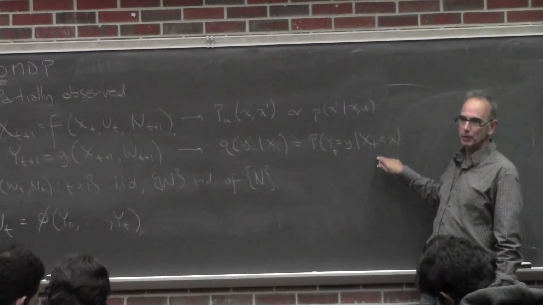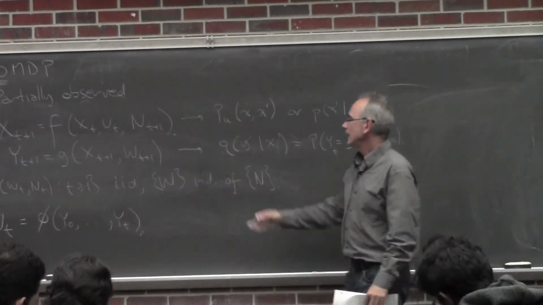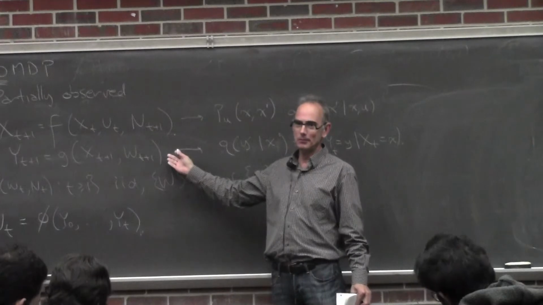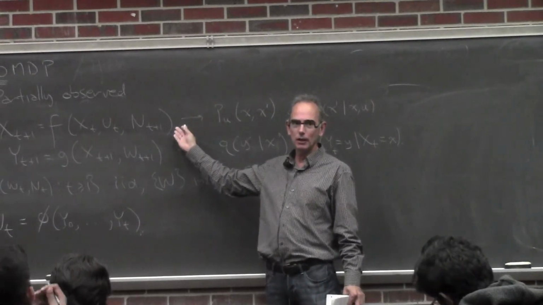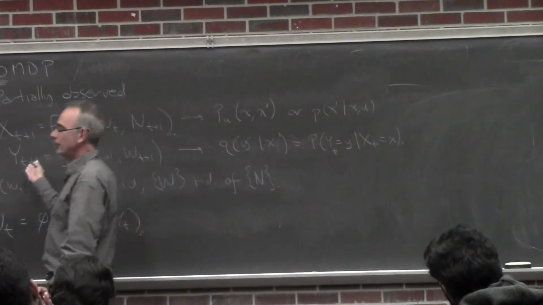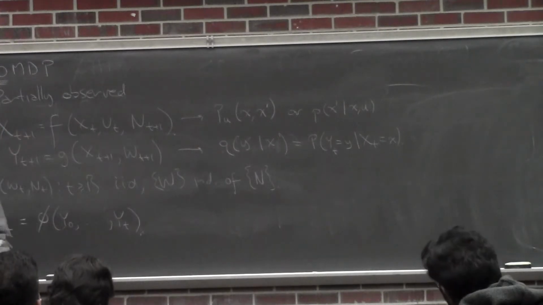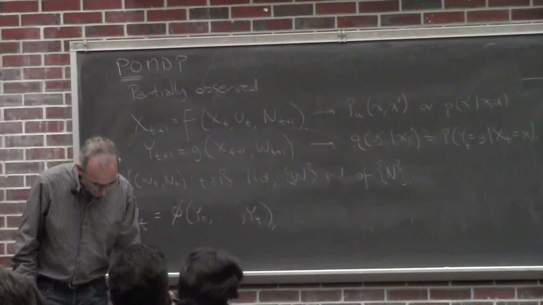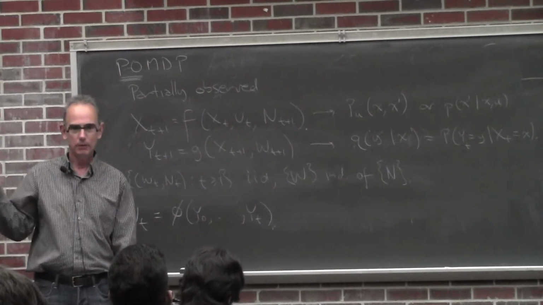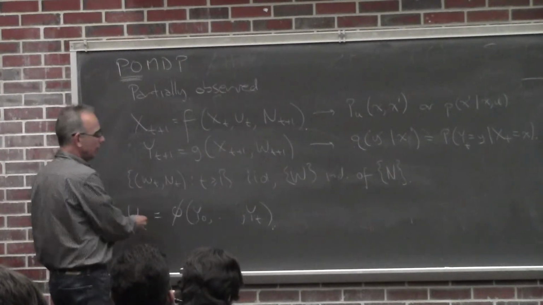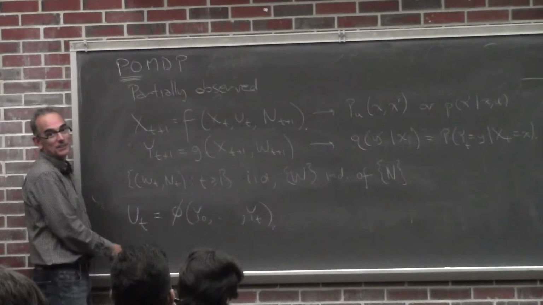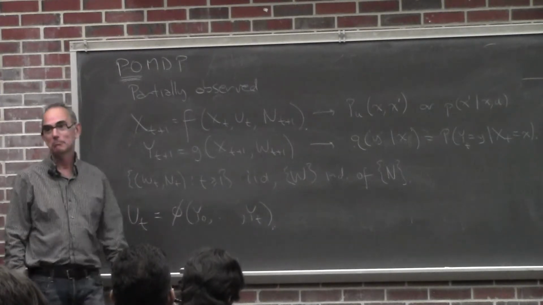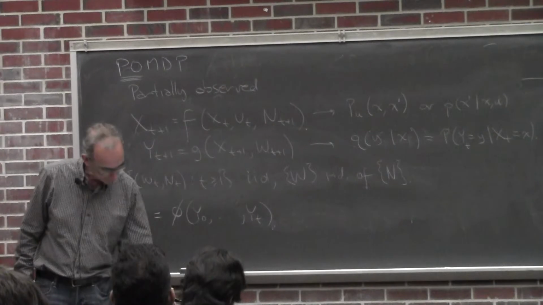Those will really be our primitives. I think this is more concrete: I've got this recursion for x, and the observations are a noisy function of the state. And the goal is the same. We would like to choose phi so that the average cost is minimal. How are we going to do that?